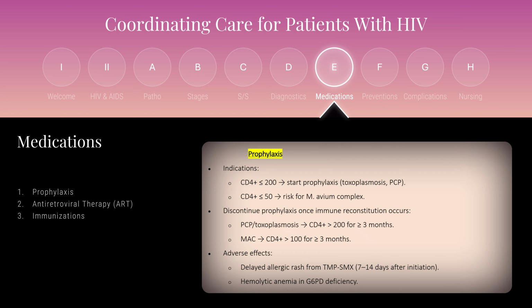And we have the immunization. People living with HIV are at increased infection risk. Recommended vaccines: Tdap, pneumococcal, influenza annually, hepatitis A and B, meningococcal, HPV, recombinant zoster. Contraindication is the live vaccine.